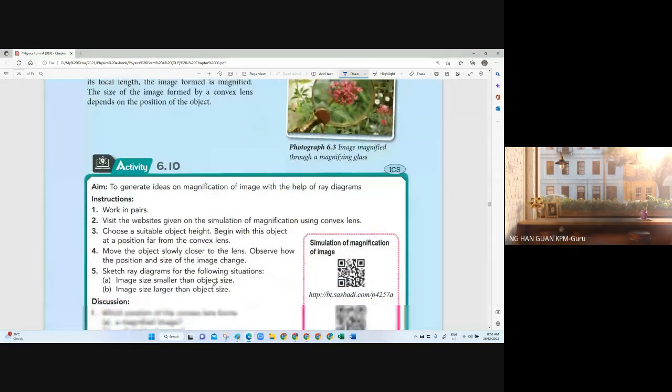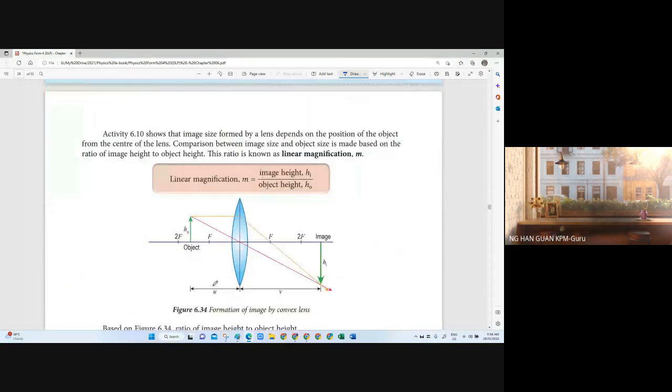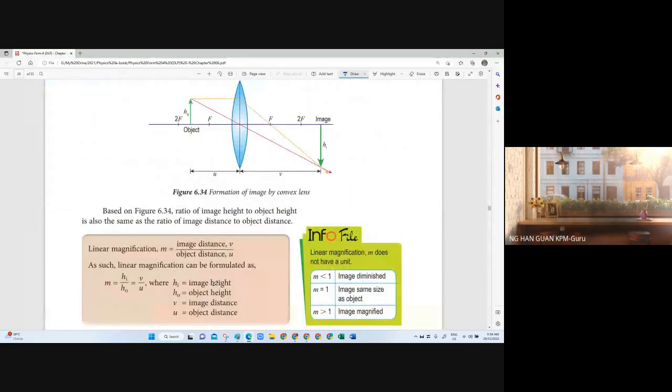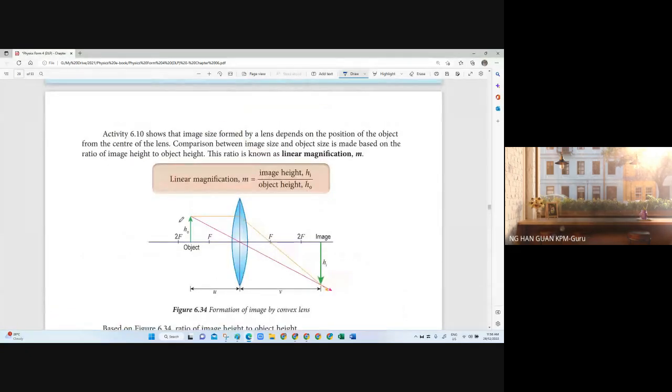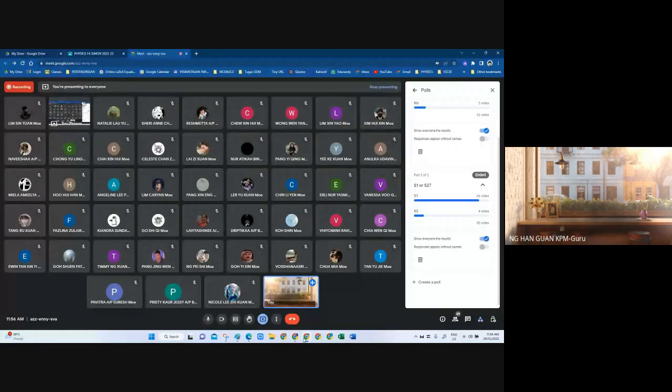And then for drawing itself, you need to learn how to give the characteristic of the image form. Okay, and then the next one about the linear magnifications. All this we discuss tomorrow. So today we finish here, and then there's a little bit more to finish the 6.3, and then we straight away continue for the 6.4 and so on to finish our chapter 6 by tomorrow.